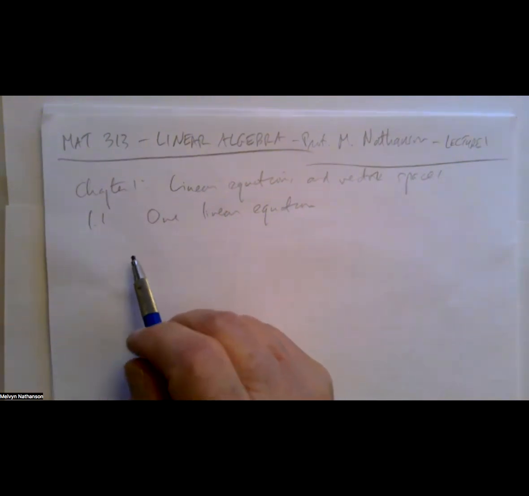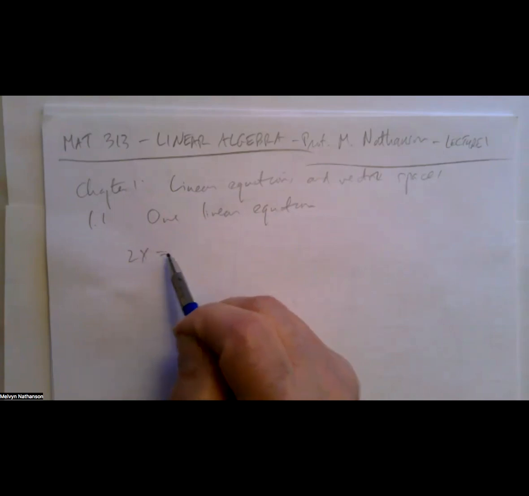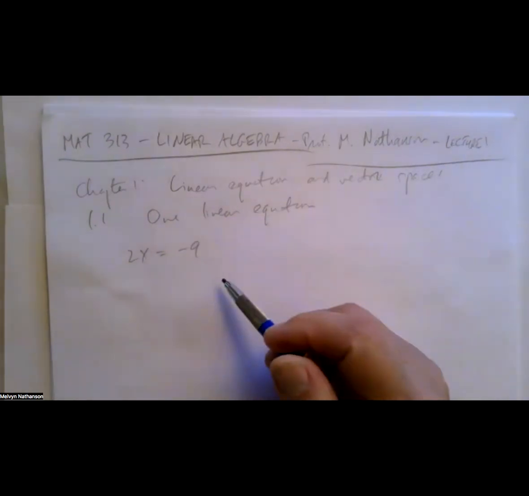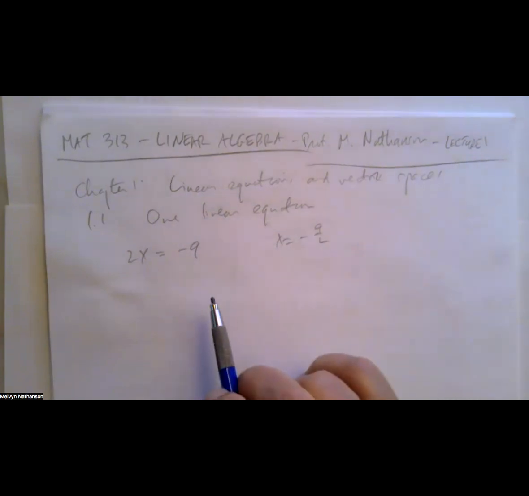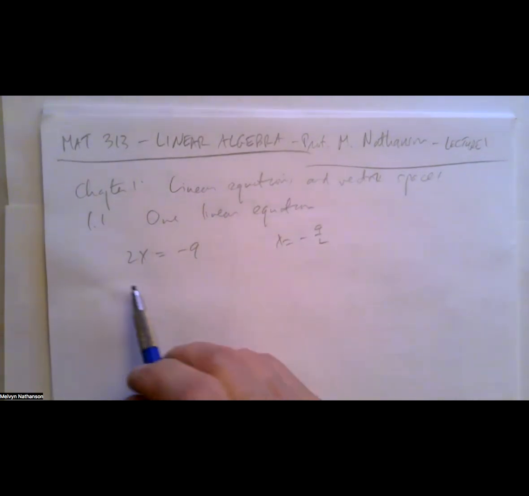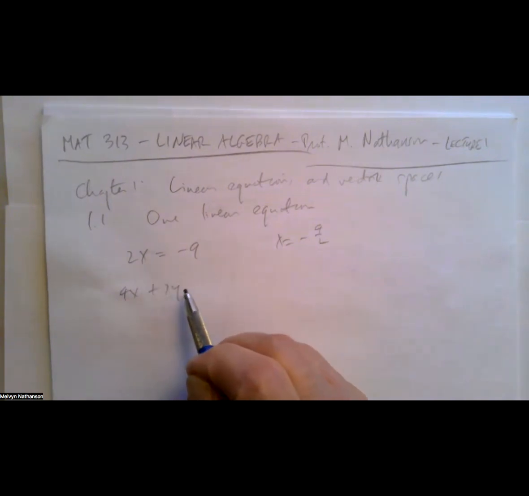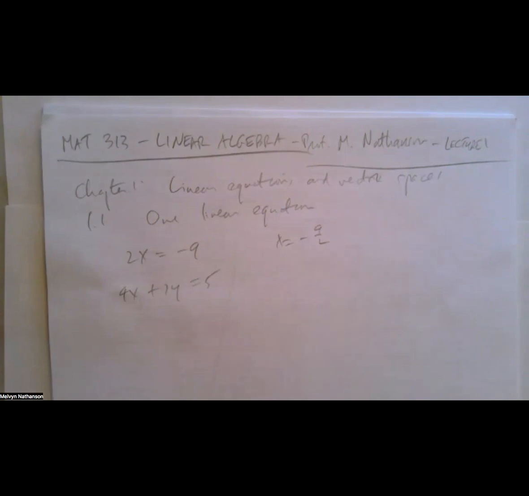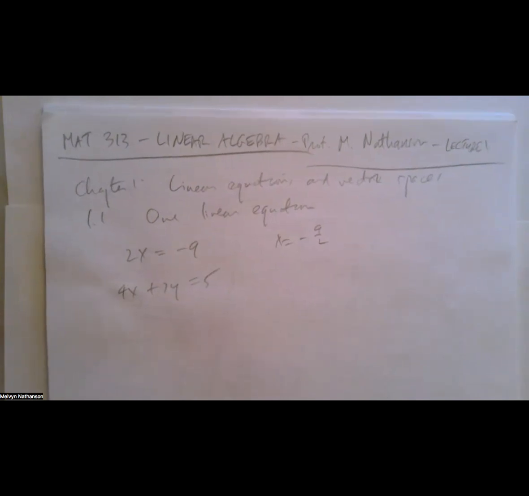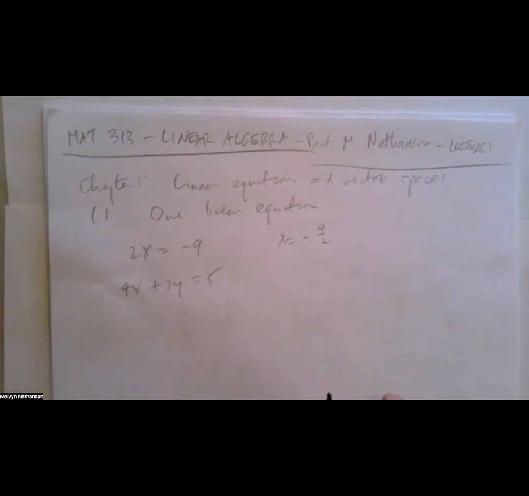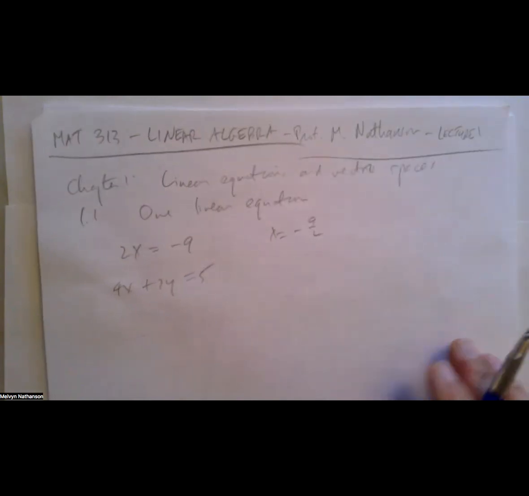Linear algebra begins with the study of linear equations. So you might have an equation like 2x equals minus 9. And there's a solution, x is minus 9/2. Or you might have an equation 4x plus 7y equals 5. And this equation will have probably more than one solution, in fact, infinitely many solutions.